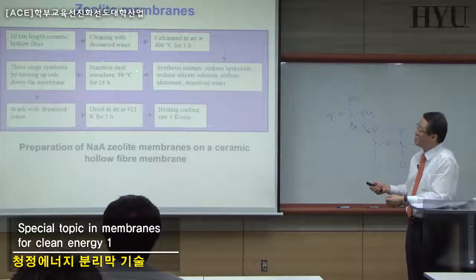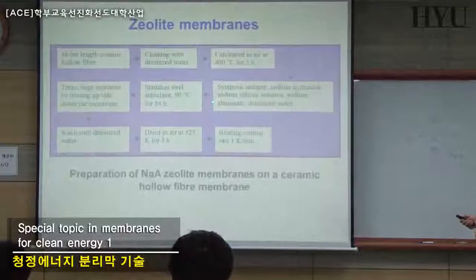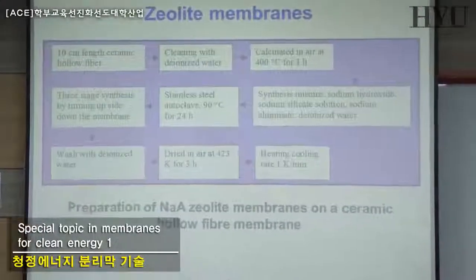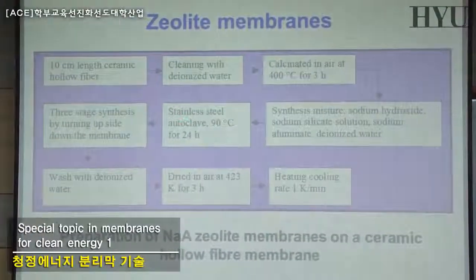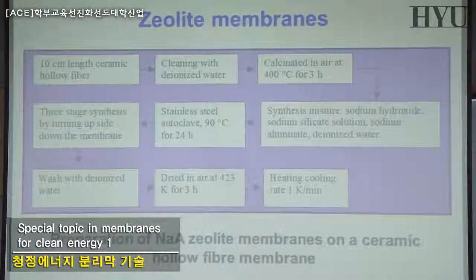In some cases, they use stainless steel as support, or of course porous stainless steel, or they can use gamma alumina or alpha alumina, and make the membrane in this way.